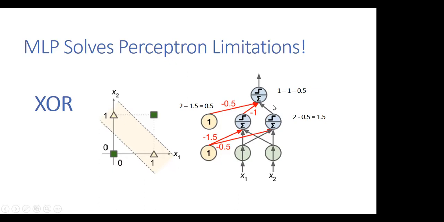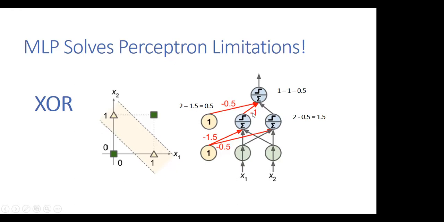So 1 multiplied with 1 is 1, and here we have 2 ones again, so 2, and minus 1.5, which is the bias term. So we have 0.5, and 0.5 after applying the step function is greater than 0, so we have 1.